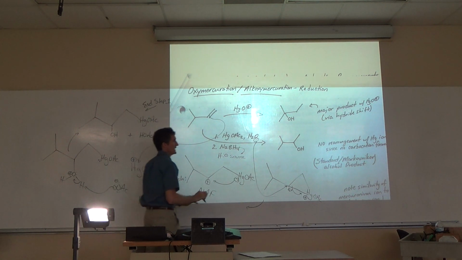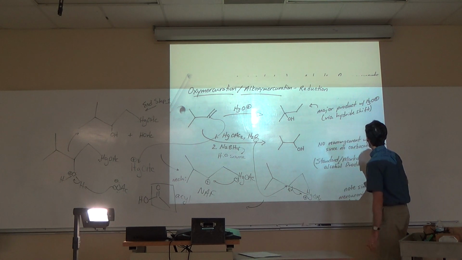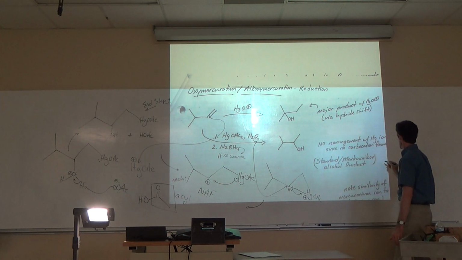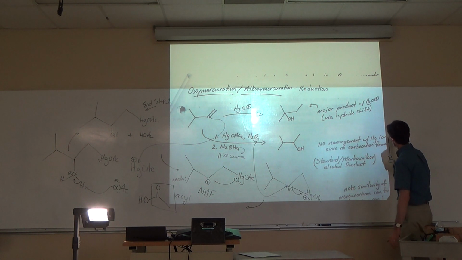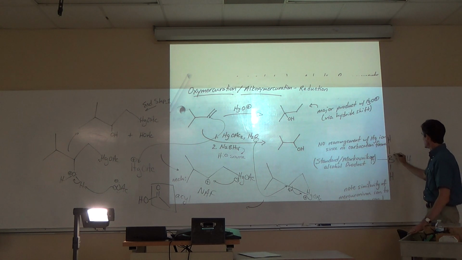Sodium borohydride is an H minus source. So boron with 4 H's. And what's the charge of the boron? Minus. And we got to have a cation sitting with it.